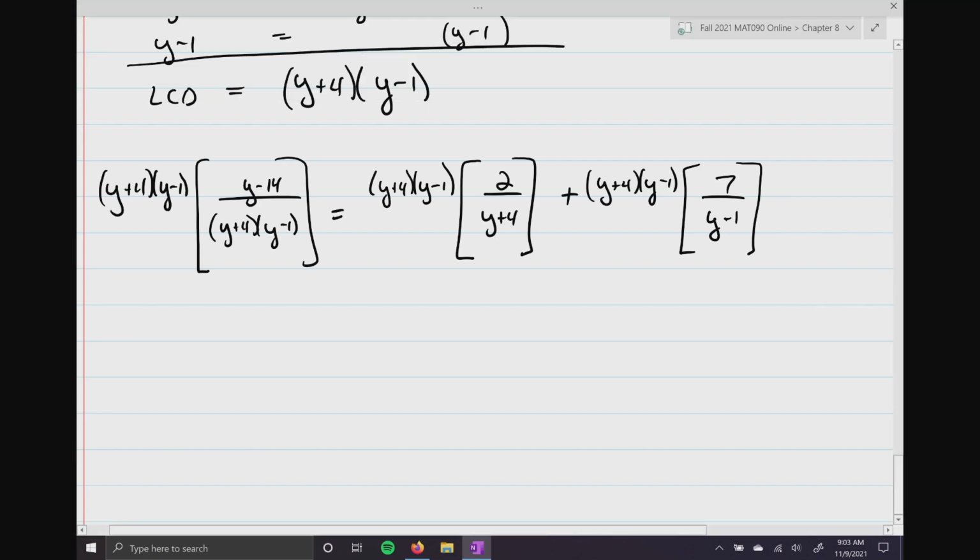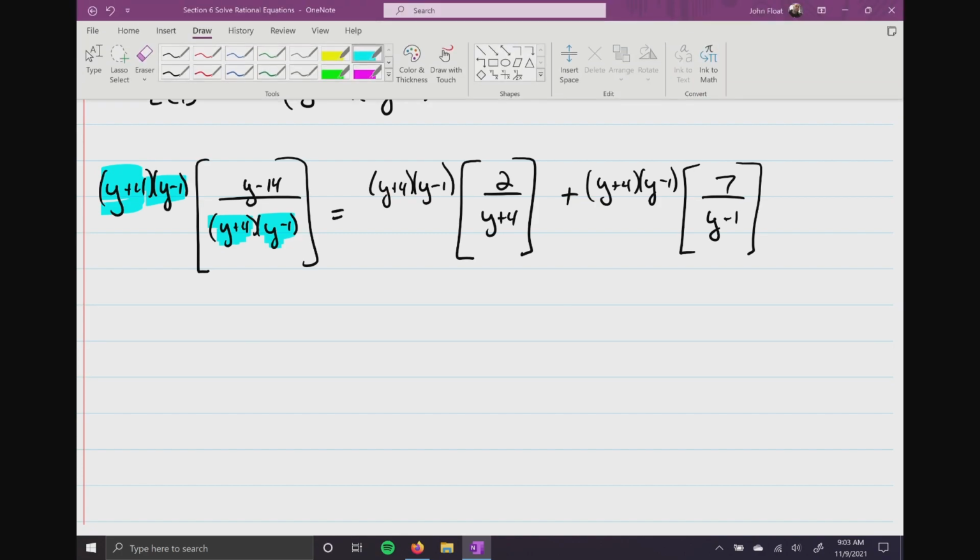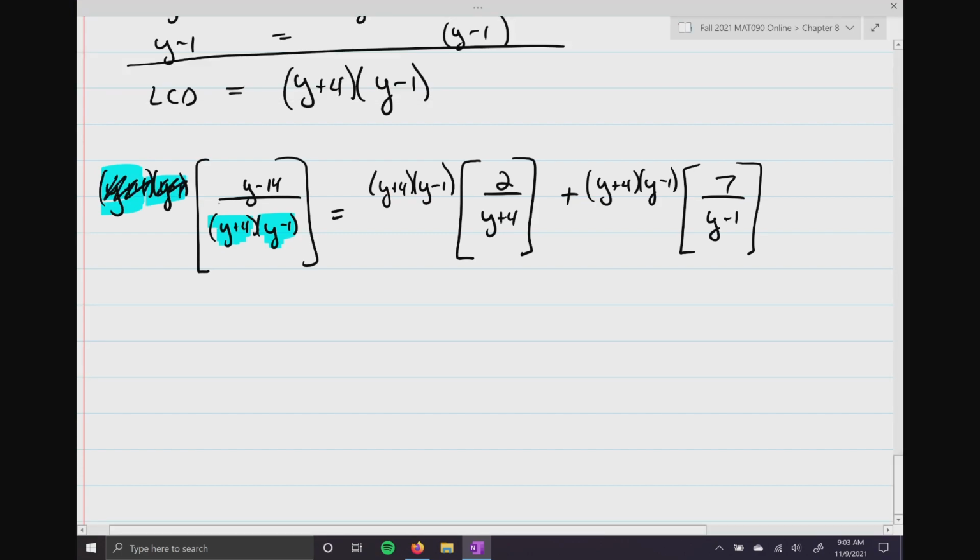Now I'm going to do the same thing that I did in the previous problem. I'll highlight for us. So I got a y plus 4 in the numerator, y plus 4 in the denominator, y minus 1 in the numerator, y minus 1 in my denominator. So all those reduce. So we'll just reduce them.